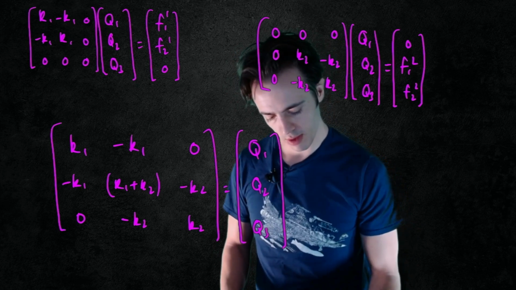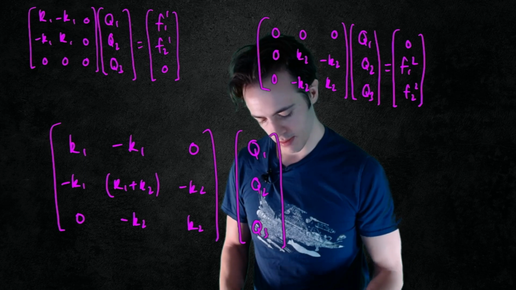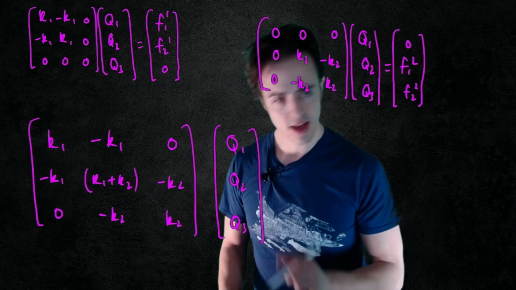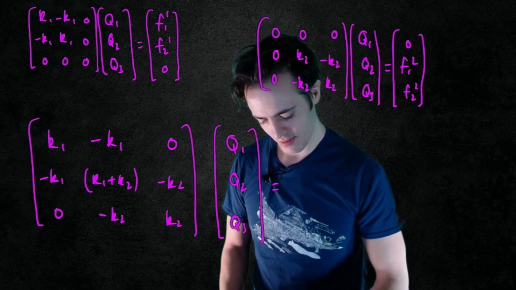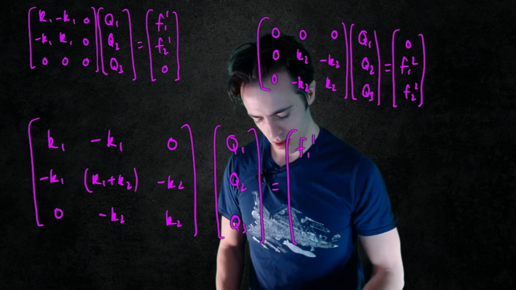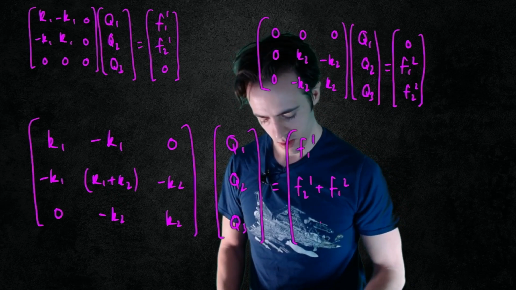No, sorry, it's not equal to, that's the vector that we've got to multiply by. This is a multiplication now, I've just drawn those a little bit too close. F1,1, F2,1 plus F1,2.